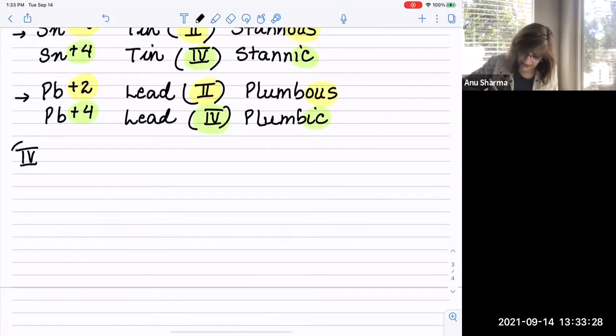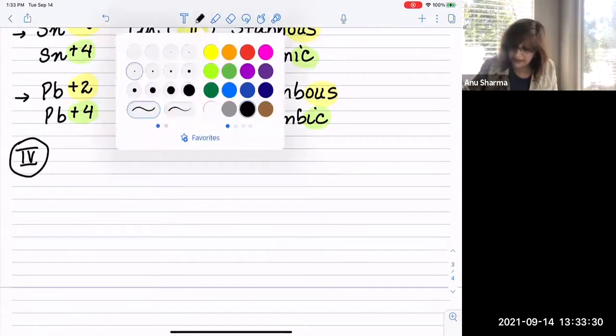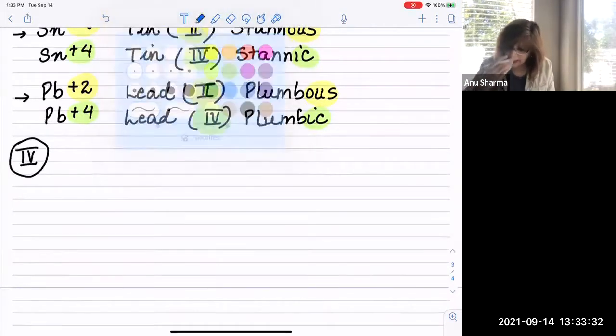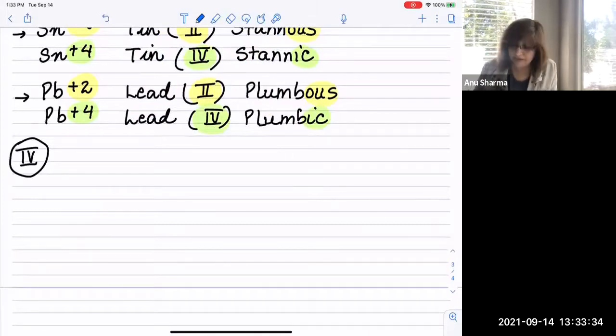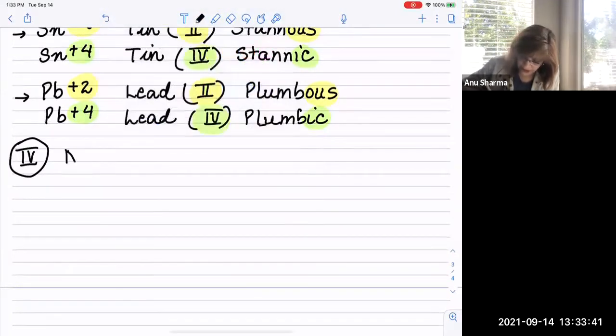Okay, next is when you are naming the metals. The names of the metals generally remain as they are, but now we look at the non-metals.